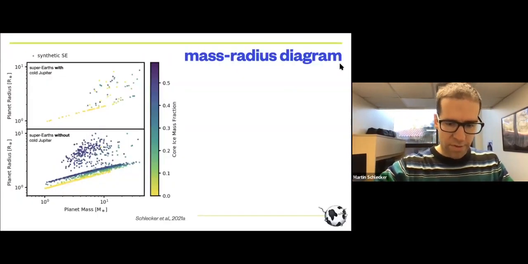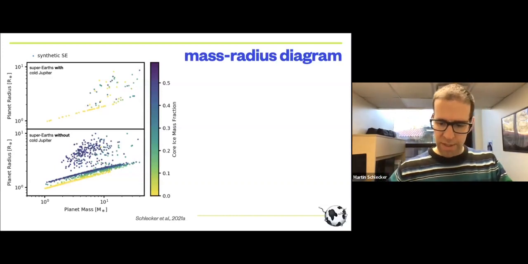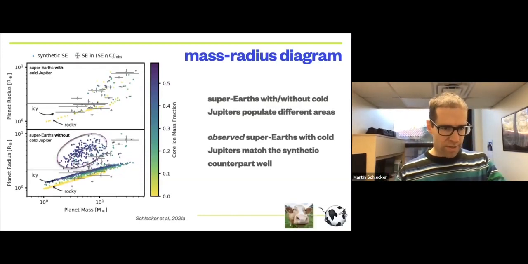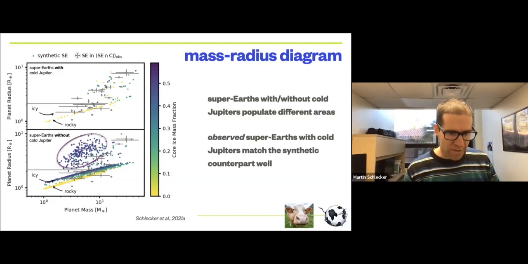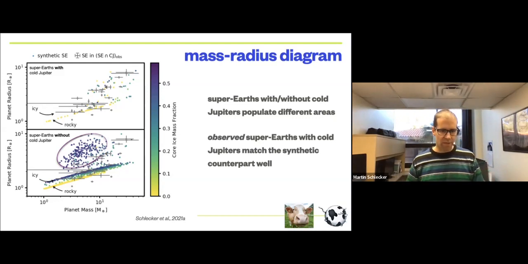I don't know if you refer to this plot where we did overplot the mass radius of measured planets. So these are only the super Earths, of course, but here this difference in these two different populations, depending on the architecture of the system, becomes apparent. And the rest, well, there are of course large error bars in the observations, but the rest seems, to my view, to overlap quite well. I don't know if this was your question.